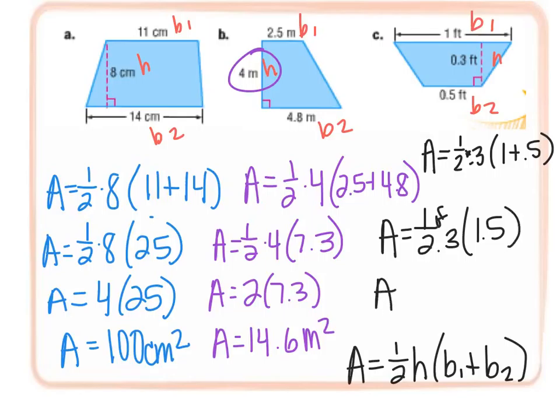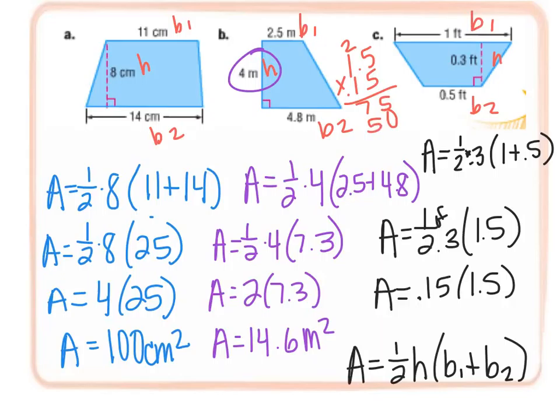Then I need to figure out what half of 0.3 is, so I'm going to think of what's half of 3, and I know half of 3 is 1.5, and so I'll just make this 0.15 times 1.5, and then I need to multiply those together, so if I have some room, I'll do that up here. 1.5 times 0.15. 5 and 5 is 25. 7, 0, 5, 1, 5, 12, carry my 1, 2, 0.225.